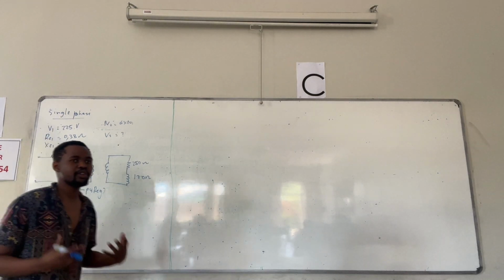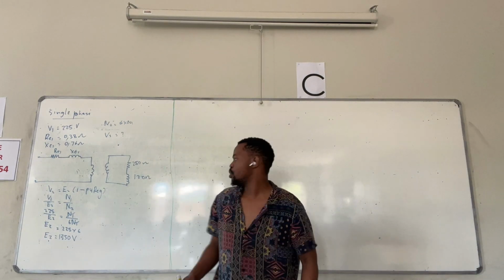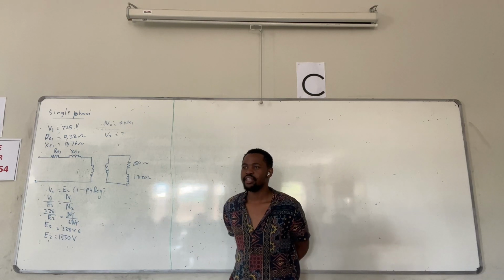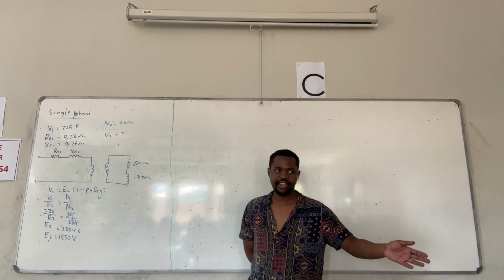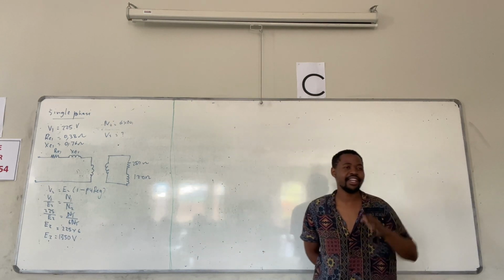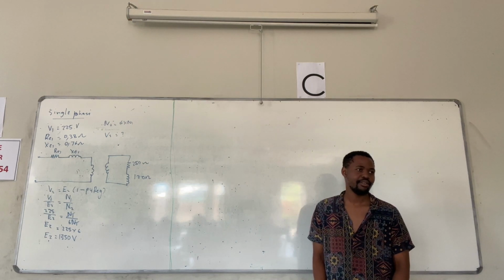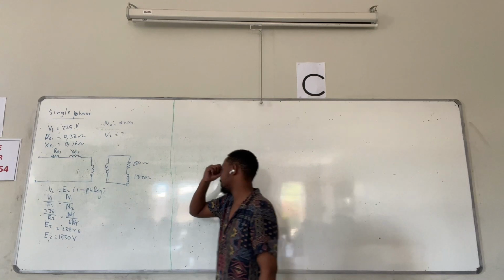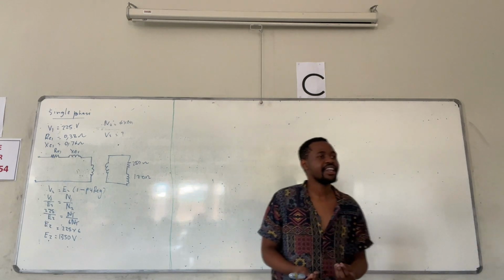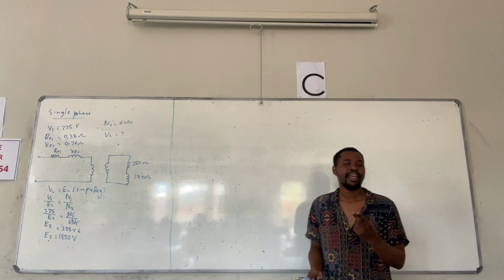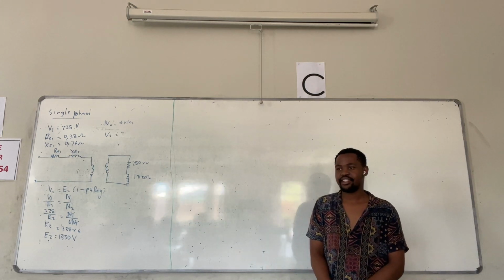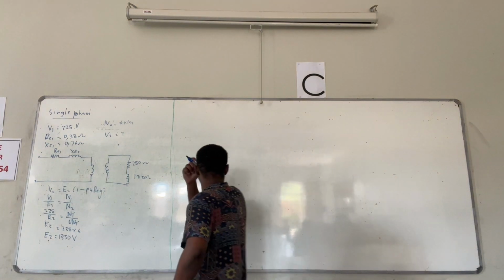The power factor is for what? For the load. Our load is resistive and inductive, so the power factor is lagging. So the formula I will use for regulation is the one for lagging, referring to the primary side.